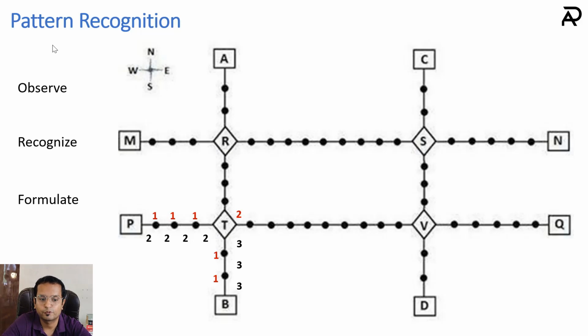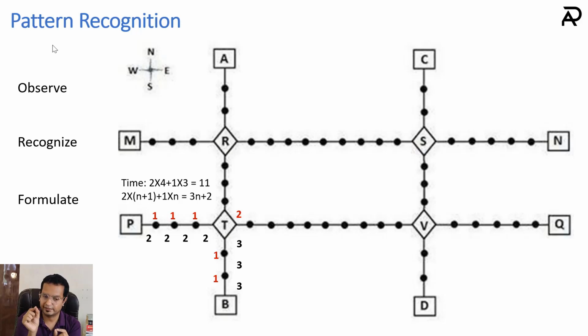The time taken to go from P to T will be 8 plus 3, that is 11. So if you look at this carefully, what we did is 2 into 4, because there are 4 intervals while traveling and 3 stoppages, so 1 into 3. So 2 into 4 plus 1 into 3 is equal to 11. Now, the number of stations in between, if you take it as n, so 1 got multiplied with 3, that is number of stations, so 1 into n. 2 got multiplied with n plus 1, because if you have n stations, the number of travel intervals will be n plus 1.